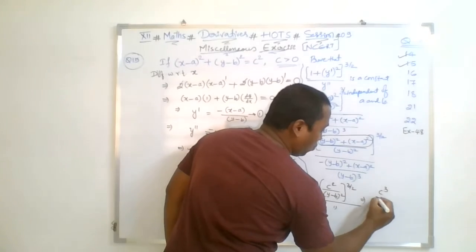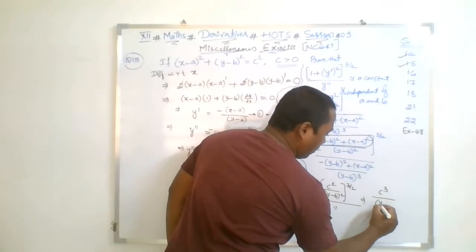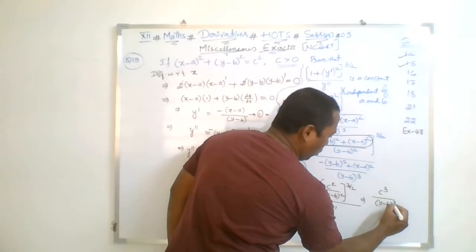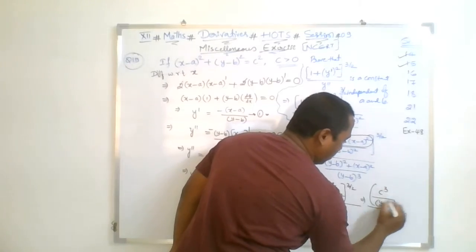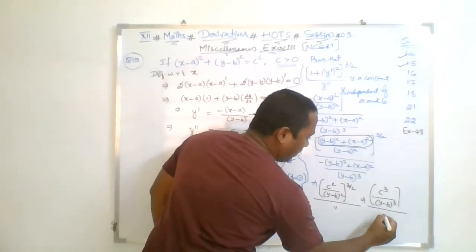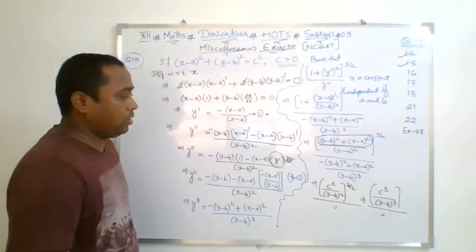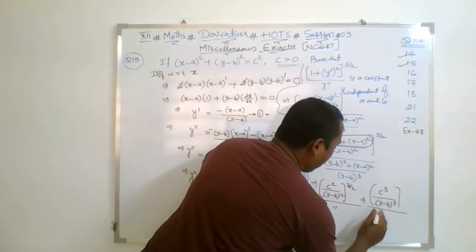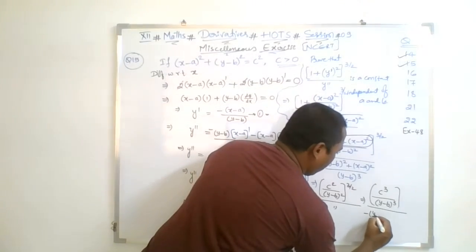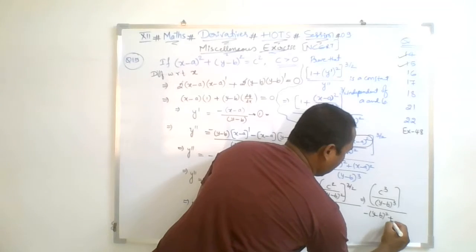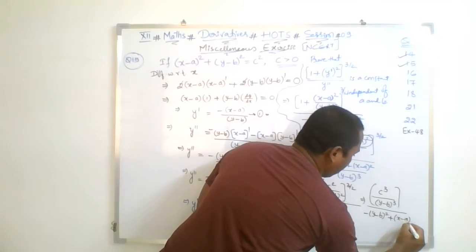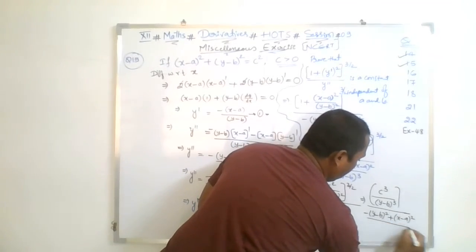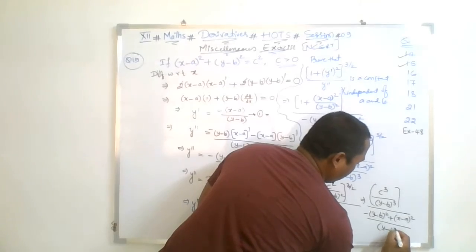It reduces to c cube upon (y minus b) the whole cube, upon the denominator we have, minus of (y minus b) whole square plus (x minus a) the whole square upon (y minus b) the whole cube.